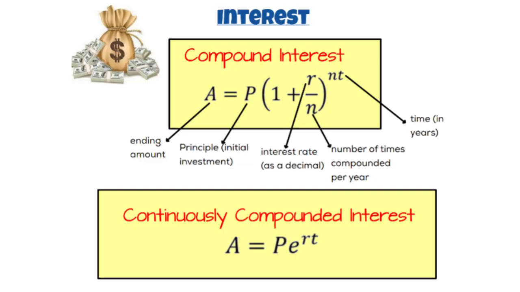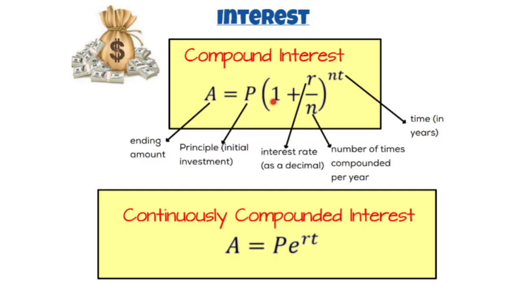So let's talk about what all these variables mean in this big long formula. So A, this is going to be the ending amount that you have in your bank account after it's been compounded for a certain amount of time. All right, P, this is the principal. That's a banking term. The principal is your initial investment. So that's that $100 you put in initially.